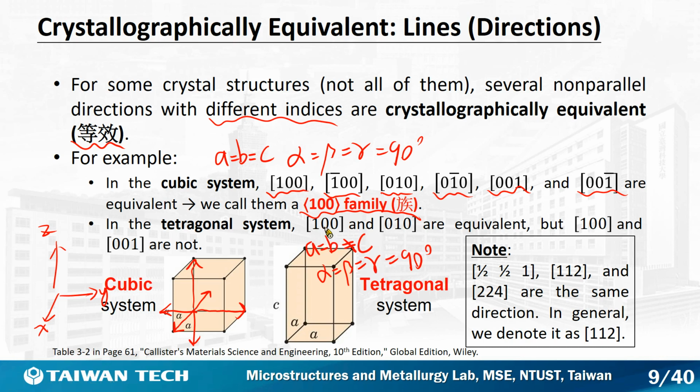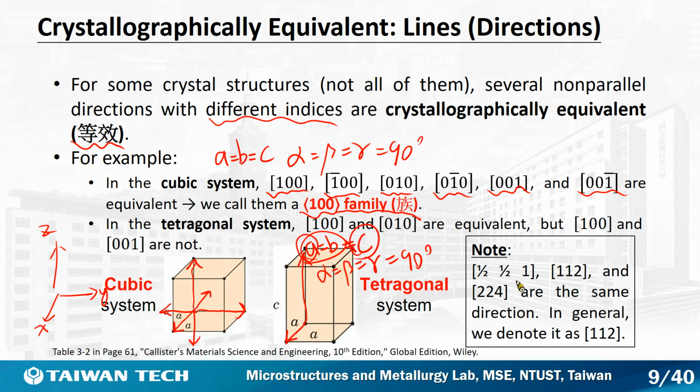And here, 100 and 010 are equivalent because A equals to B. But 100 and 001 are not. 110, as you can see here, is this one. But 001 is this one. They are not the same because A is not equal to C here for tetragonal system. So they are not equivalent.